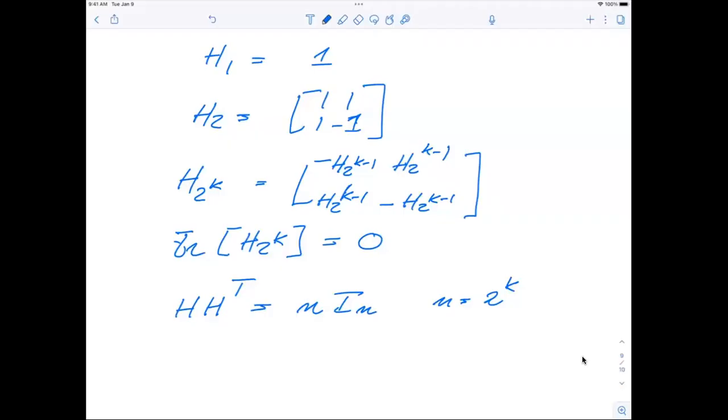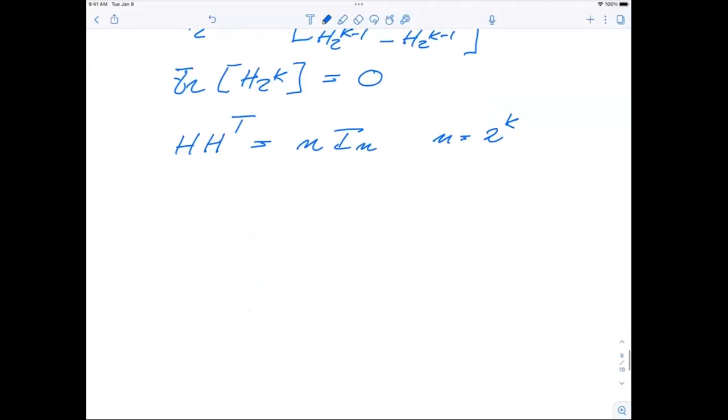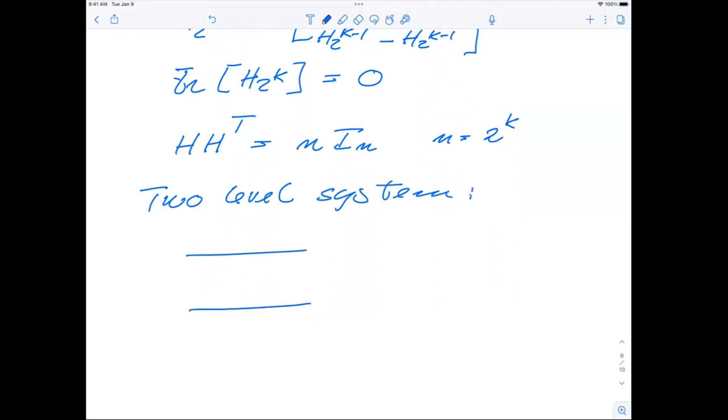So what we're going to have is, as I said, a 2-level system. So we have this state, and we have this state. And the exact solution for this is given by a psi 0 and a psi 1.